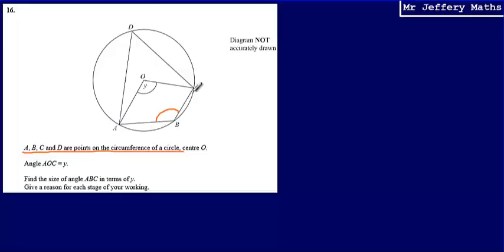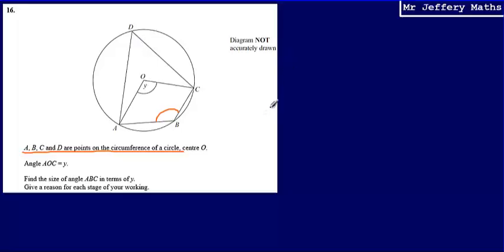So A, B, C and D are all on the circumference, which means that we have got a cyclic quadrilateral, which means then that we can use one of our circle theorems which relates to cyclic quadrilaterals. And that circle theorem is that the opposite angles, so this angle here that we've marked, ABC, and ADC, will sum to 180 degrees. So that is one circle theorem that we could potentially use.